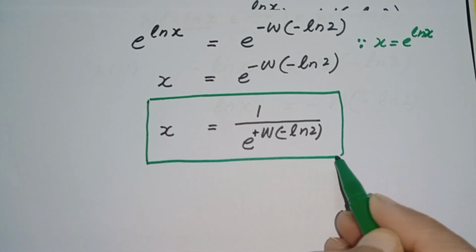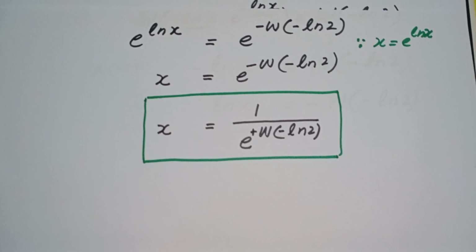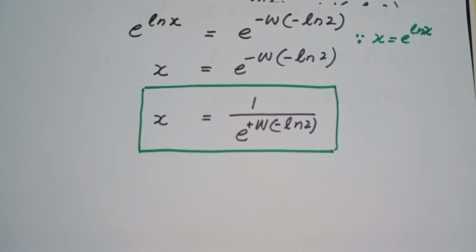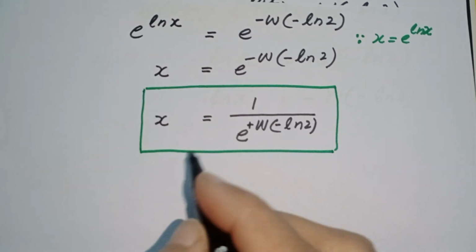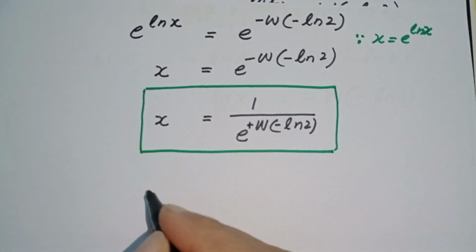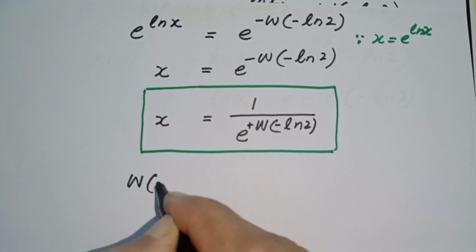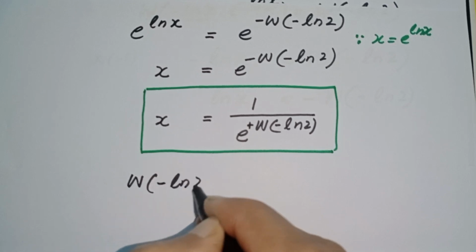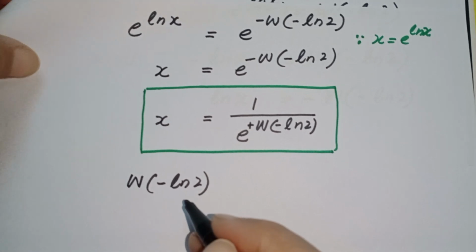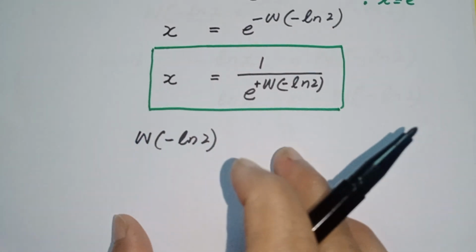It is our root. If we want to find out the approximate value of the root, we calculate approximately the Lambert W function of minus natural log 2. If we use a calculator to find out its approximate value, then it does not exist actually.